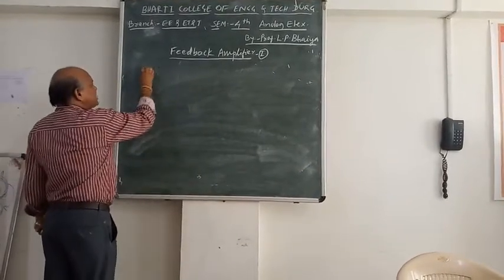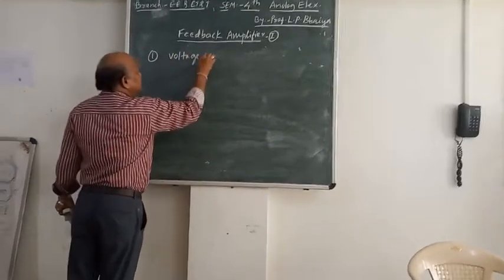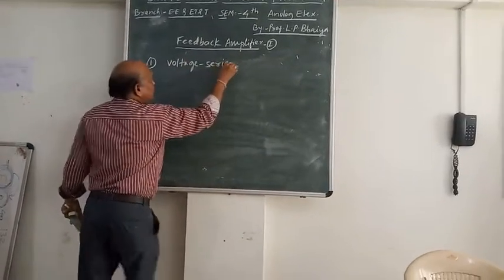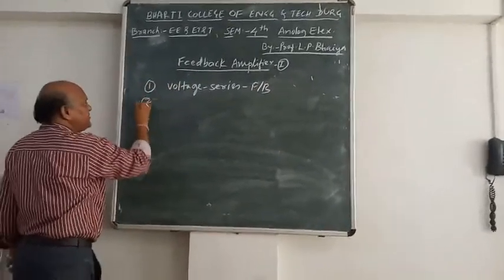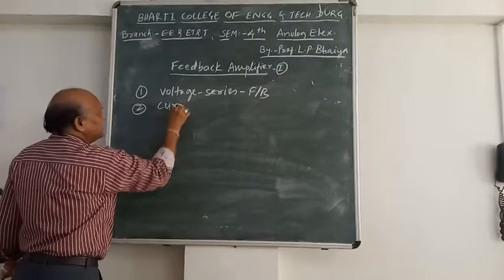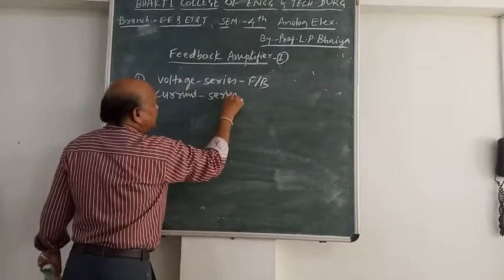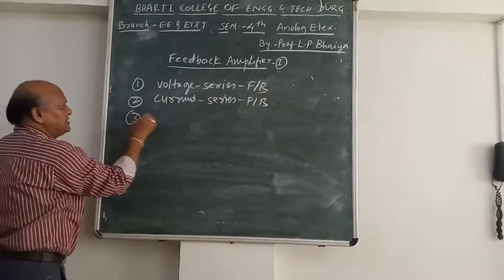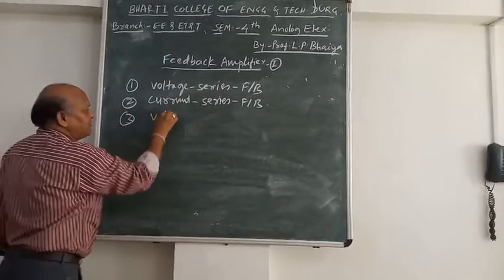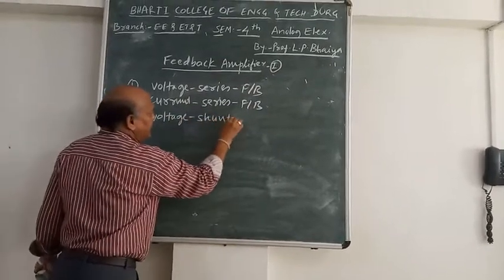Number one is called voltage series feedback. This is one topology, voltage series feedback. Second one is current series feedback. And third one is the voltage shunt feedback.